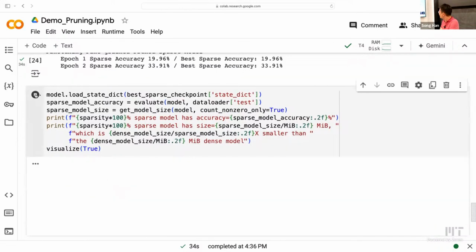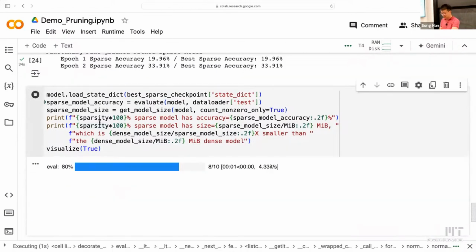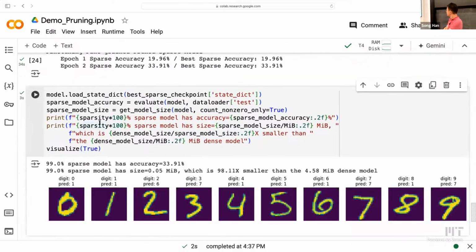So let's run the demo again. Okay, this one is correctly predicted, and unfortunately the remaining one is not correctly predicted, right? So that's pretty much the limit.